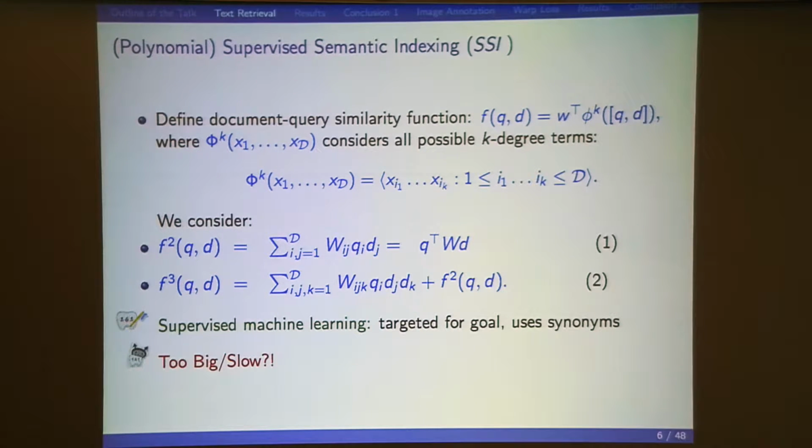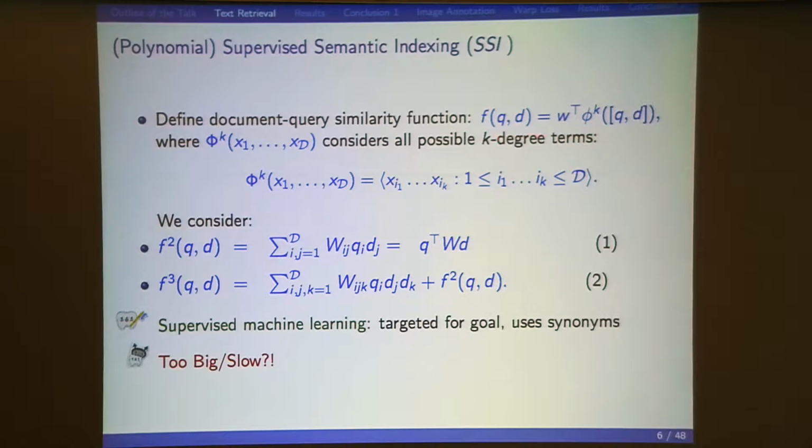So, here's the model that we suggested in our work as a way of trying to fix some of the things wrong, which we called polynomial semantic indexing, or polynomial supervised semantic indexing. The idea is, well, first I'll show the really most naive model, which is here.